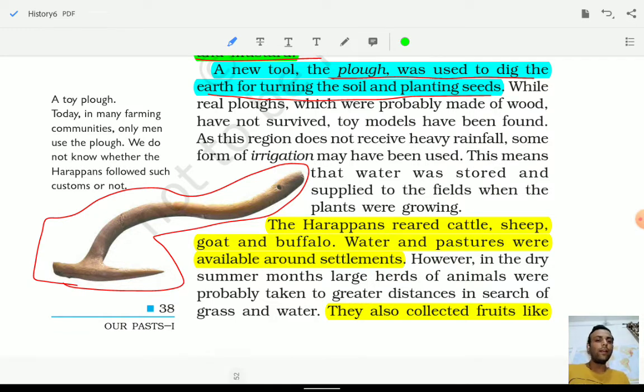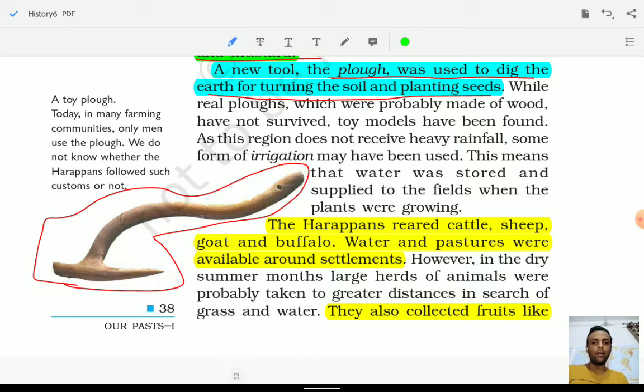The Harappans reared cattle, sheep, goat, and buffalo. Water and pasture were available around the settlement. Definitely, we have seen that the earlier civilizations always developed near the banks of a river. So the Harappan civilization was settled near the Indus River, right?